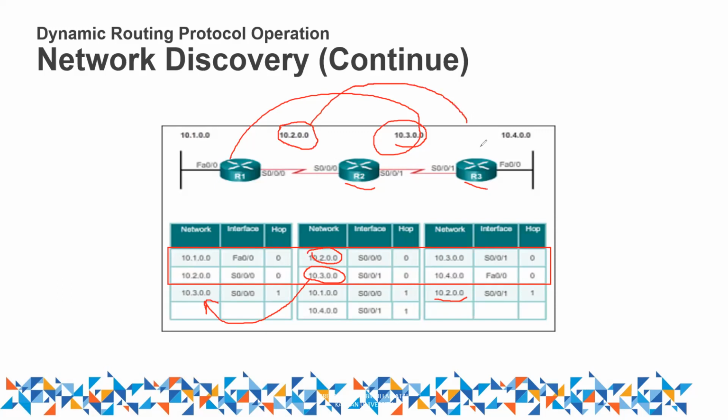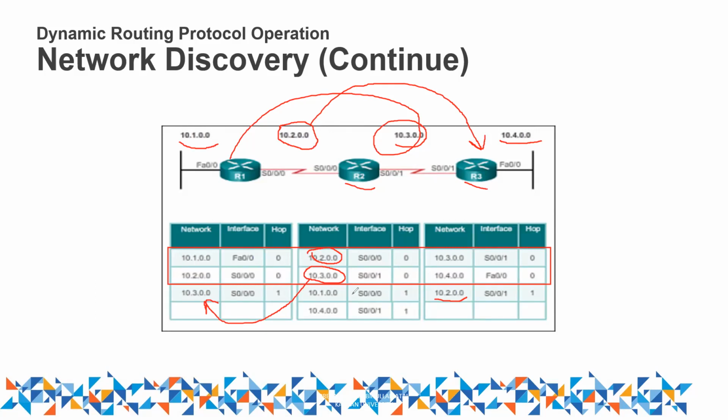Now R3 knows where 10.2.0.0 is. Okay, guys? And before, R2 had no information about the network 10.1.0.0, and also R2 had no idea about 10.4.0.0. But now you can see these two entries.